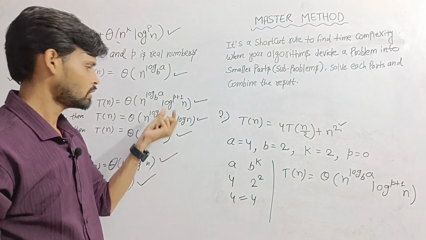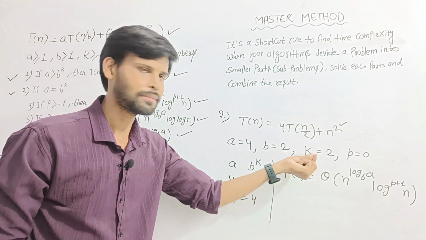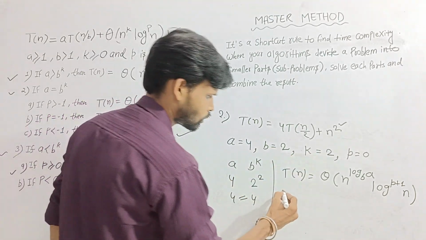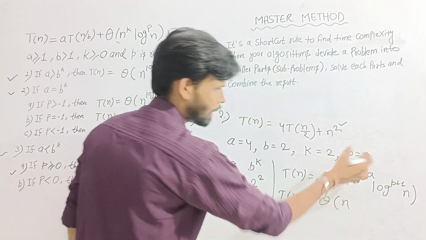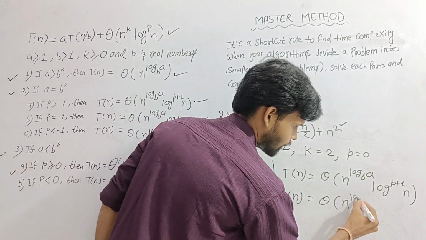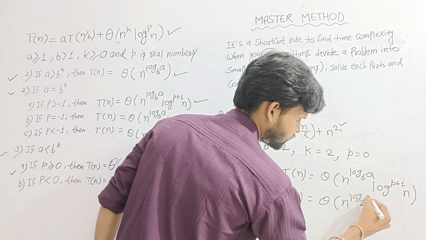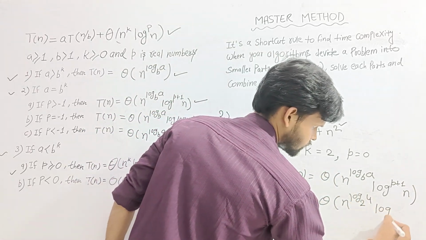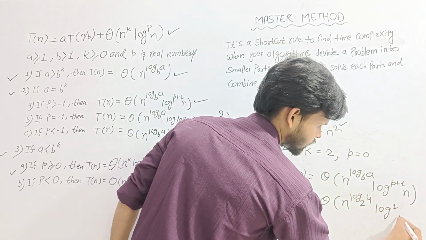So this is the equation. In this equation we have to put these parameters. Okay, so directly you can see the time complexity. T of n equal to theta of n power log base b a. n power log, what is the value of b? That is 2. What is the value of a? That is 4. Log, what is the value of p? That is 0 plus 1, 1, and n.